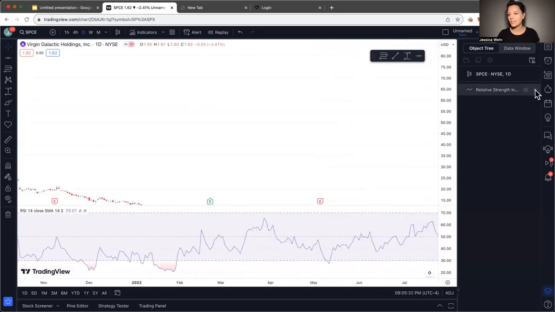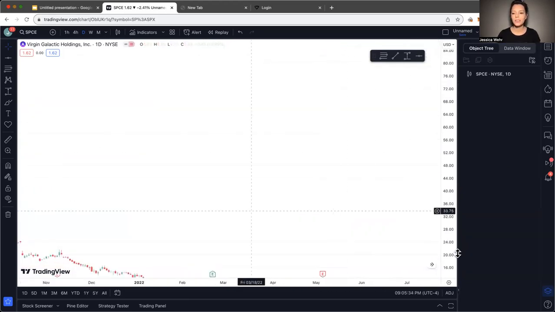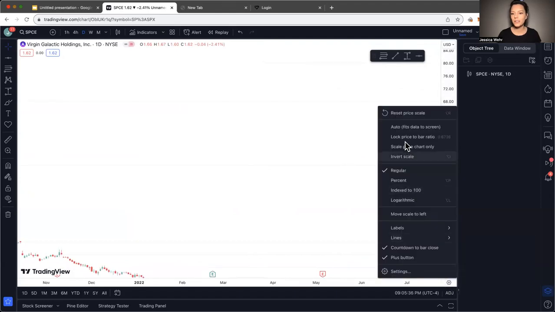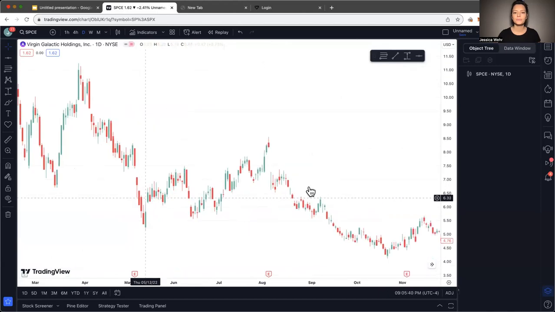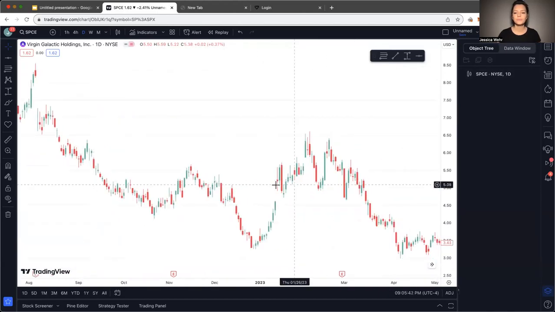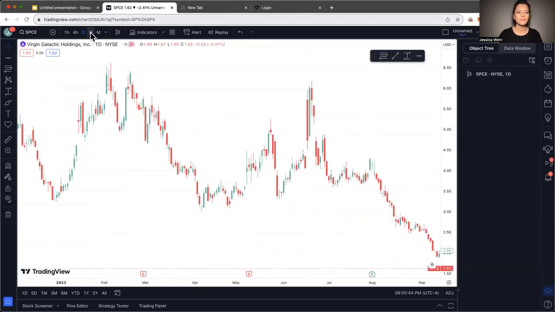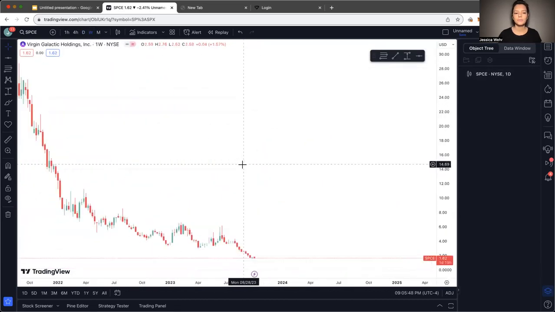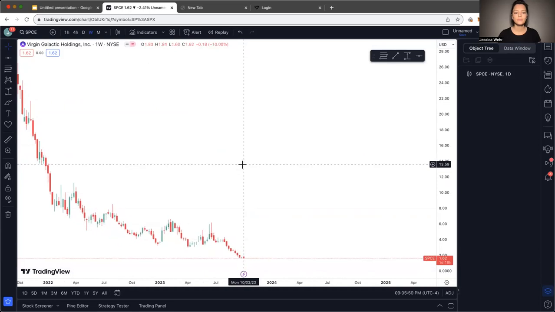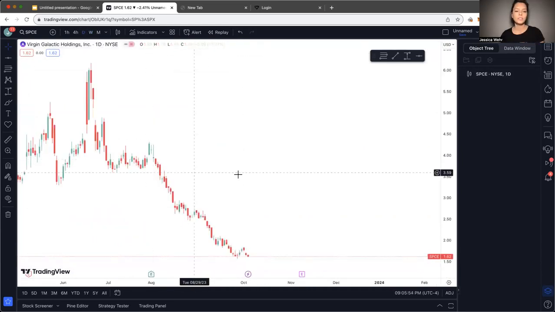Let me take RSI out for a sec. And I'm going to reset so we can see this better. Okay, let me switch to the daily just so it's easier to see this trend here.